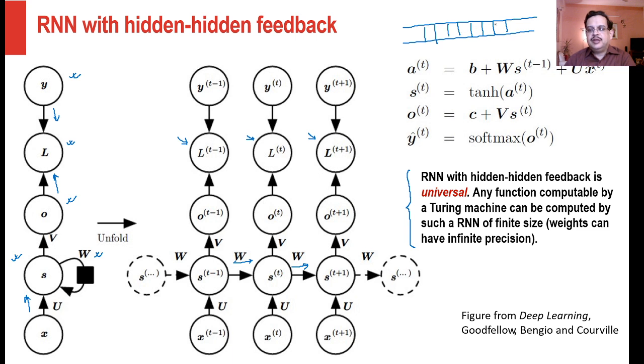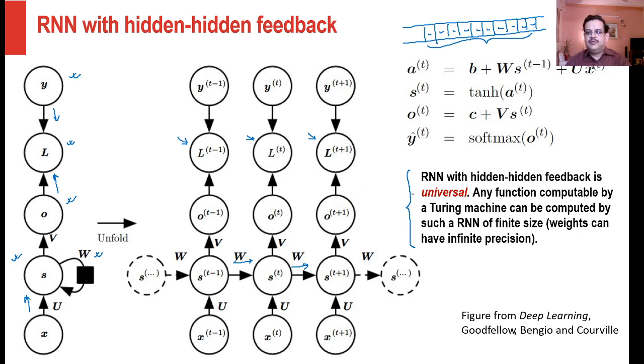So potentially a Turing machine can keep on recording an infinite number of values. It may put something here, something here, something here. It can keep on writing. Potentially it can write an infinite or unbounded number of values. But this is only a network with a finite number of nodes. So how can we possibly store an infinite or unbounded quantum of information in a network which has finite size?